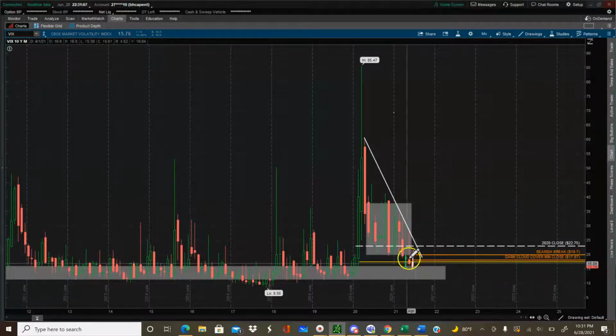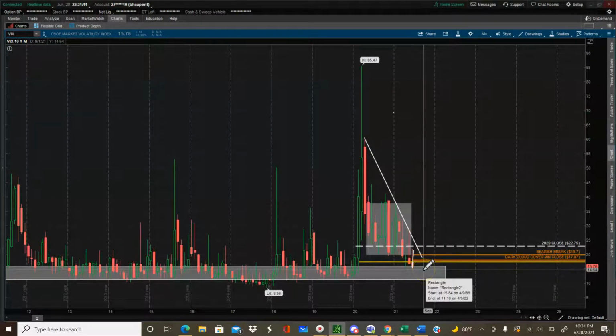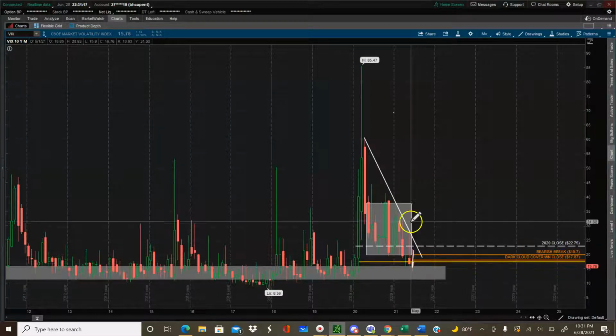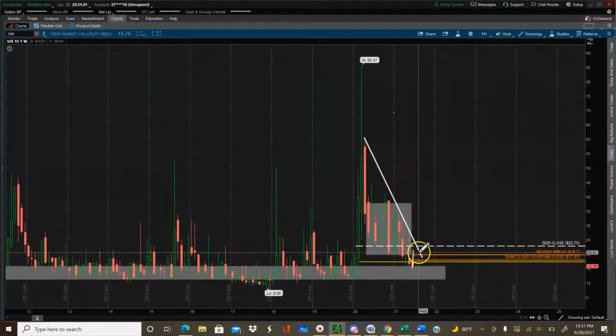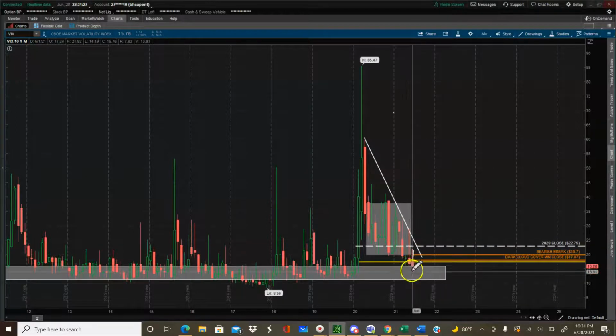I just don't know that VIX can continue to, maybe it just goes into a period of more consolidation. But what we're seeing here is some obvious downward pressure, so some lower highs here. But here we're seeing some lower lows as well.